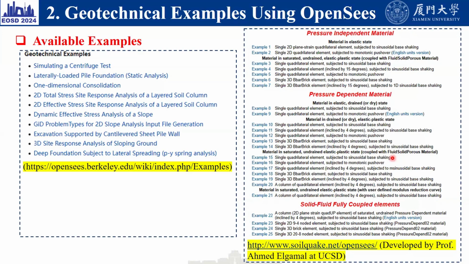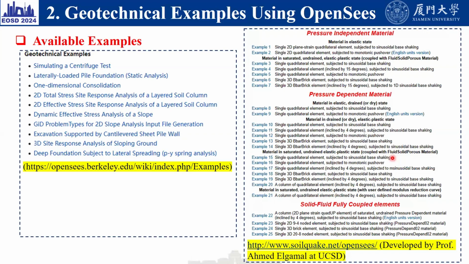In addition to these examples, we also have a website called SoilQuake, developed by Professor Ahmed Elgamal at UCSD. At this website, you will find a lot of examples, maybe 25.